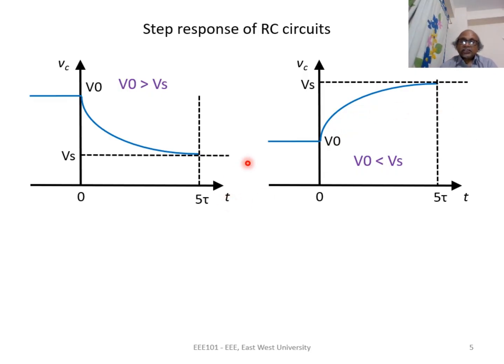It starts charging, and after 5 tau time, it reaches the final charged voltage, which is equal to Vs. So in both these graphs, V0 is the initial value, Vs is the final value. It takes 5 tau time to reach from the initial value to the final value.